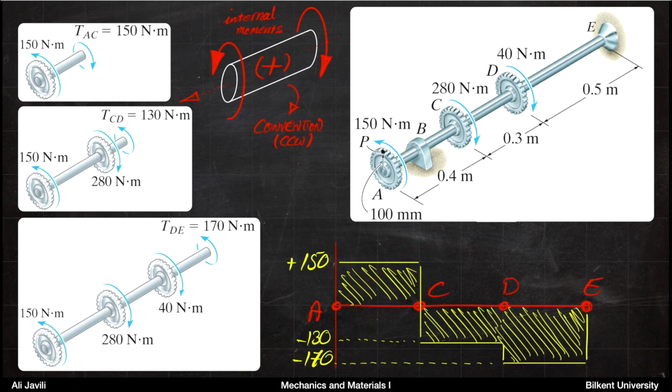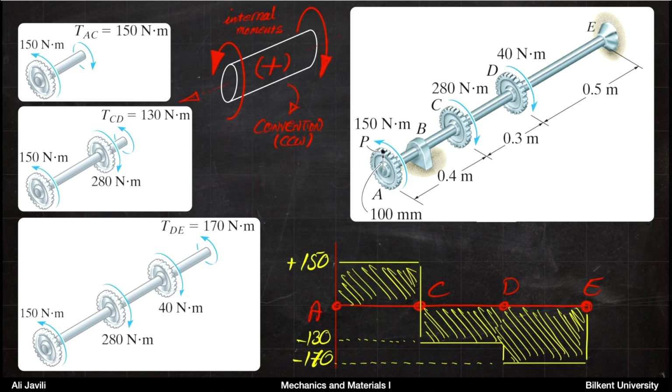Then you continue this, you go further and you now cut it somewhere between C and D. If you cut it somewhere between C and D, and then again you just look at it in terms of this picture, so this is your internal moment, and these are external. You need to find equilibrium between them.